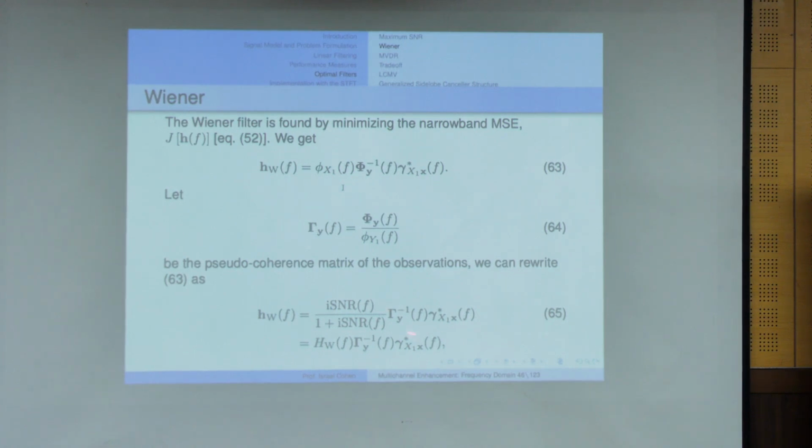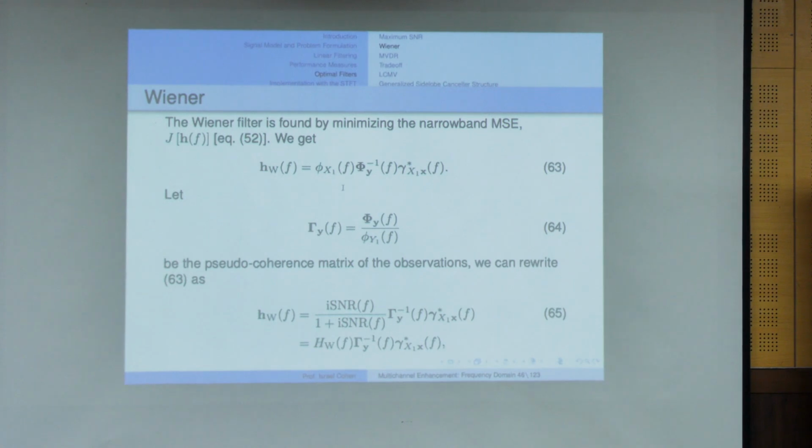And this part is a vector that takes into account the spatial filtering. It's nice to see that we define this filtering vector by combining the single channel Wiener filter and a spatial filter.